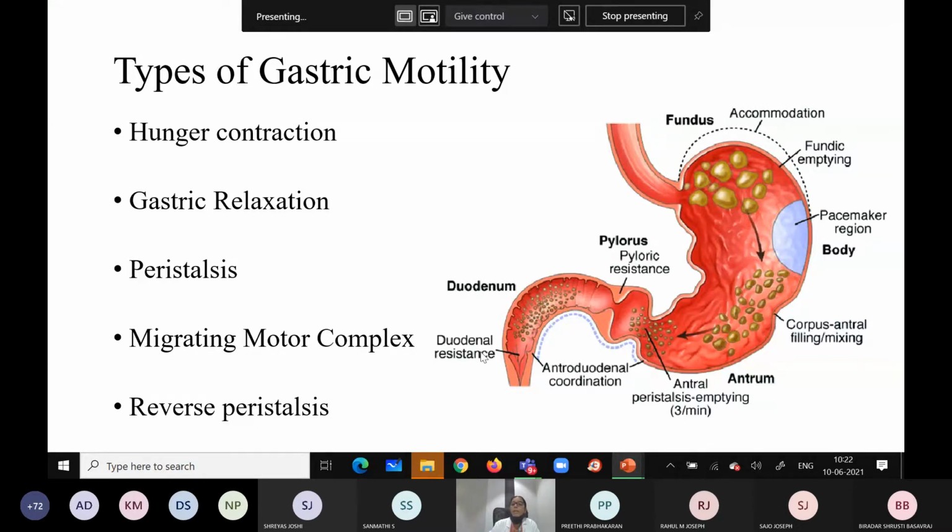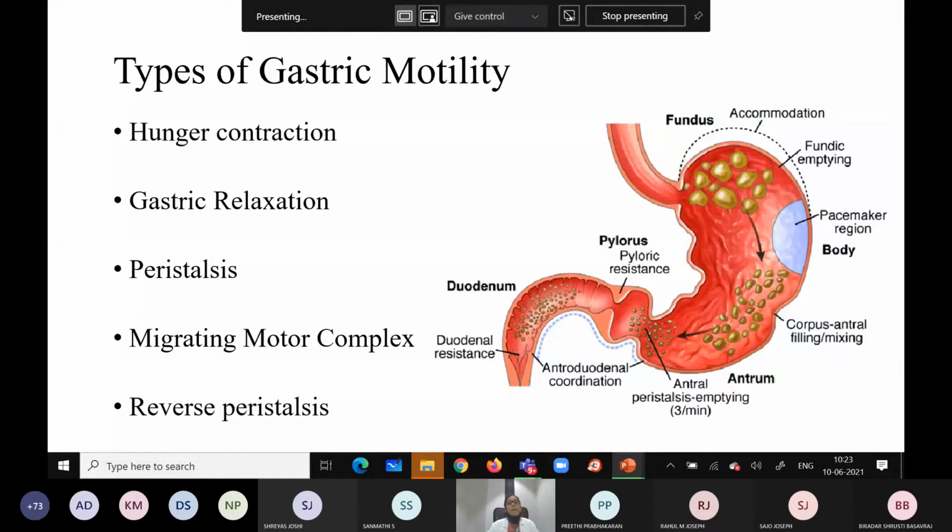That is the normal direction of passage of the peristaltic wave. Sometimes in abnormal conditions, a reverse peristaltic wave occurs, and the content of the stomach will enter into the esophagus, and if the wave is very strong, vomiting will occur.